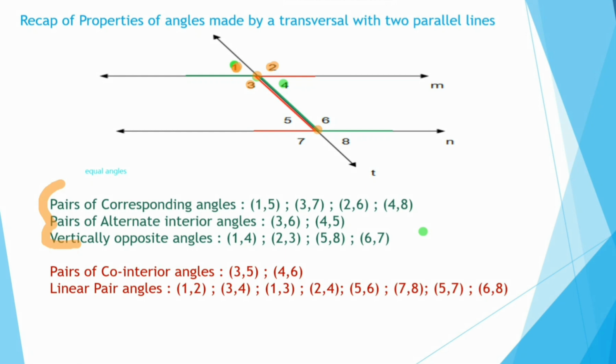Then angle 1 and angle 3 forming linear pair. Same with 3 and 4. So there are many pair of angles which are forming linear pair. So just see whether you can name all the pair of angles or not. And once you have named, you can match it from here.